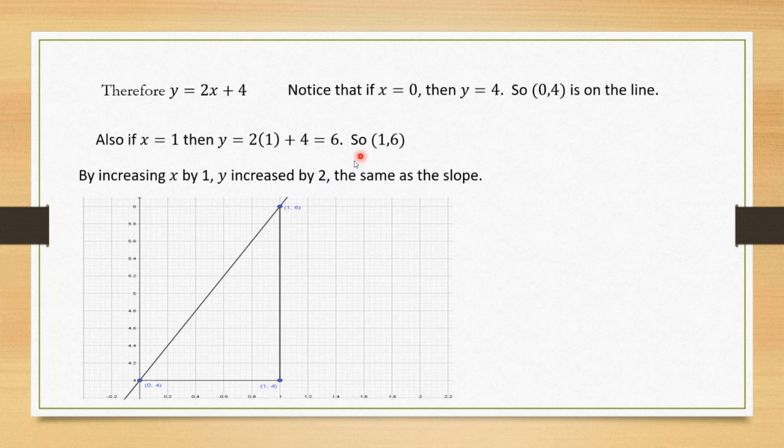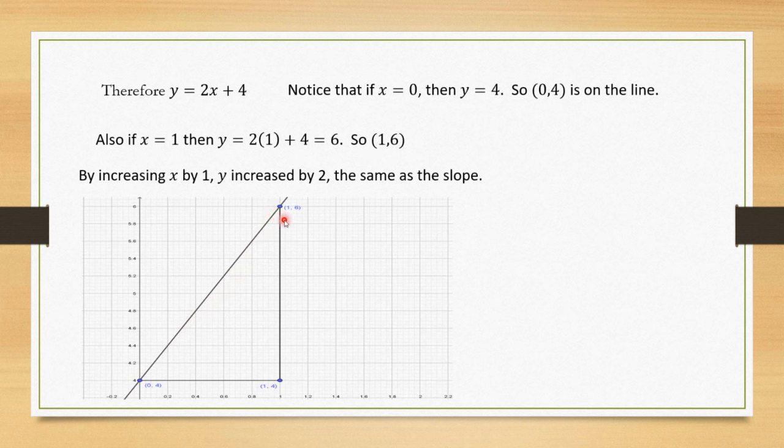But notice this is kind of interesting. If I increase x from 0 to 1, notice the y values are changing. Well, they're increasing, right? The new y value is 2 units bigger. So the y coordinate is increasing by 2 units.